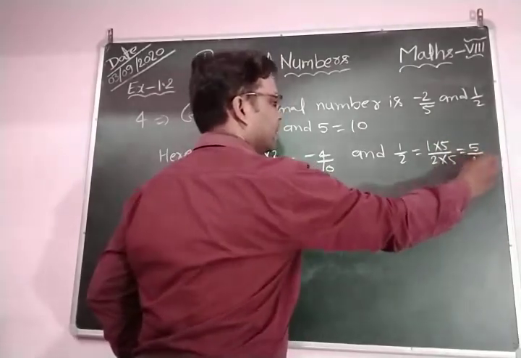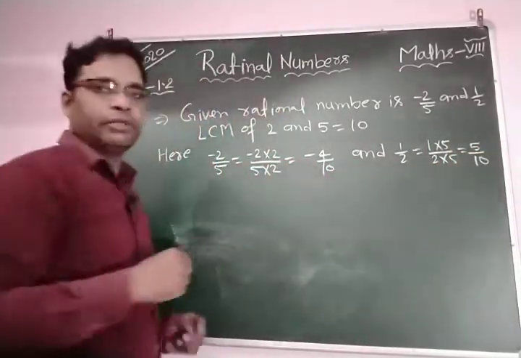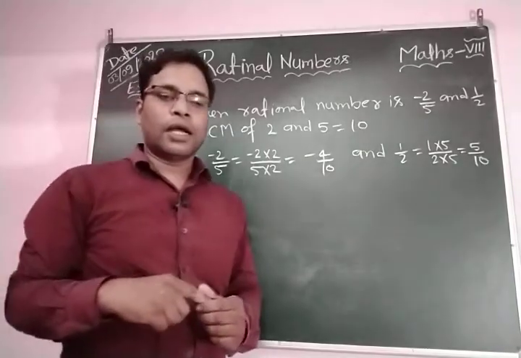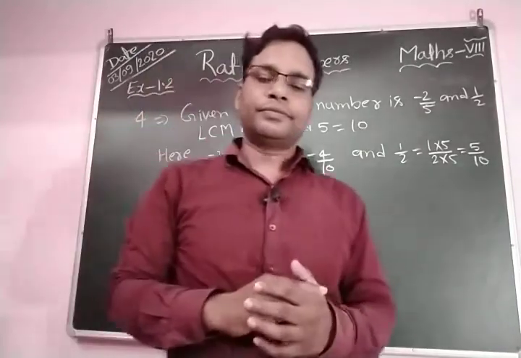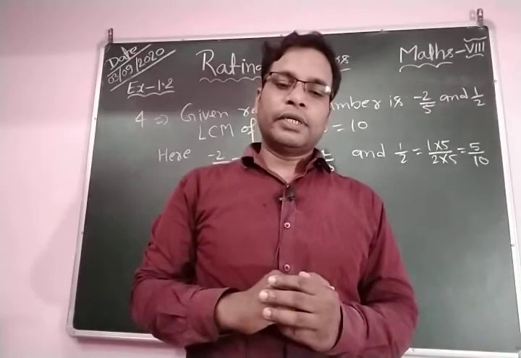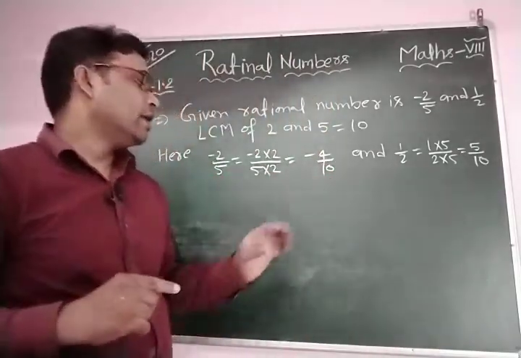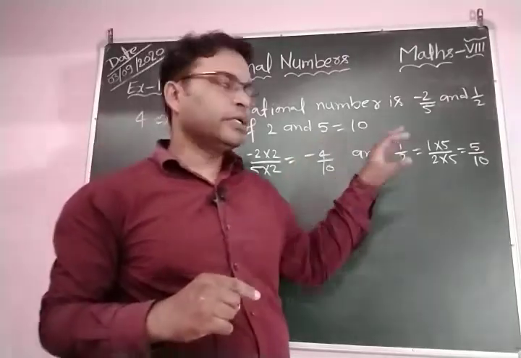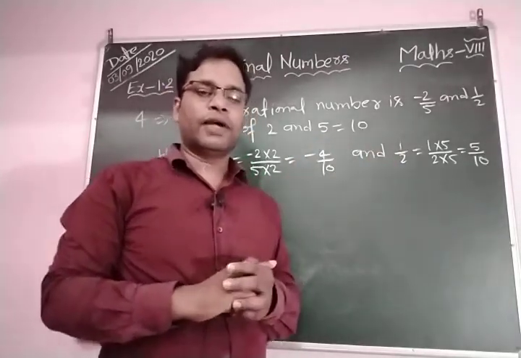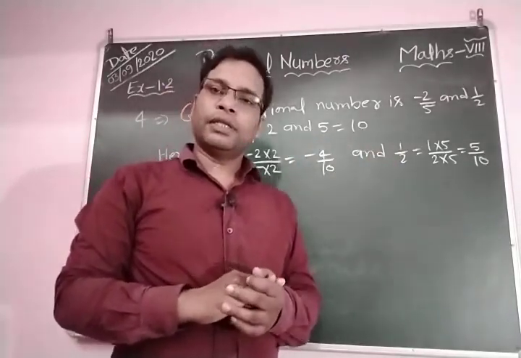You can see here both rational numbers have the same denominators. After this, how many rational numbers do we insert between them? 10. So we multiply both rational numbers by 11, because we need to find 10 rational numbers between them.